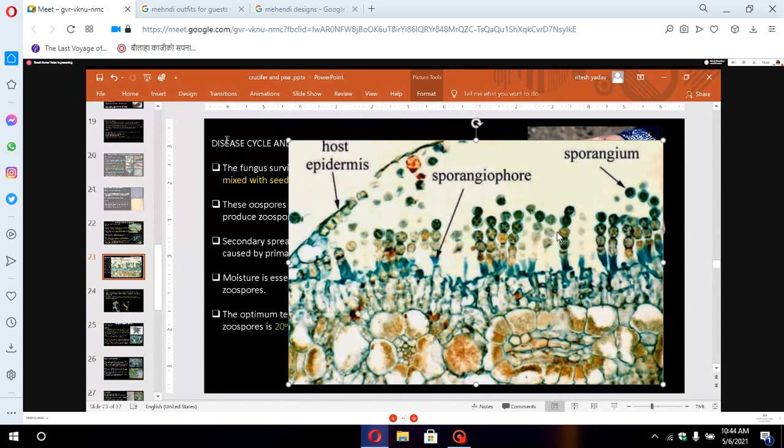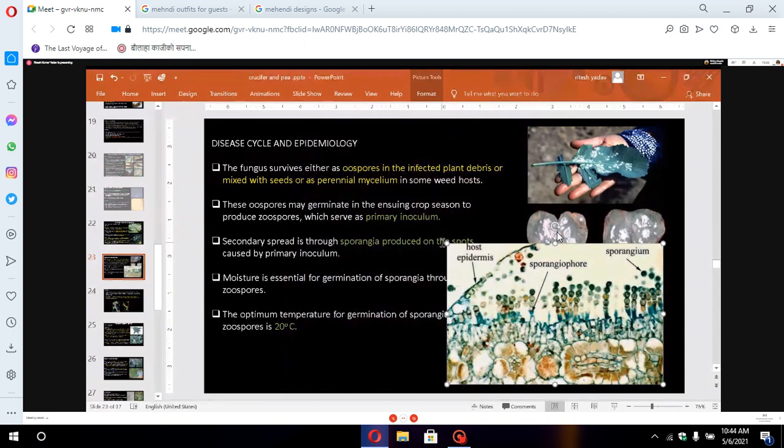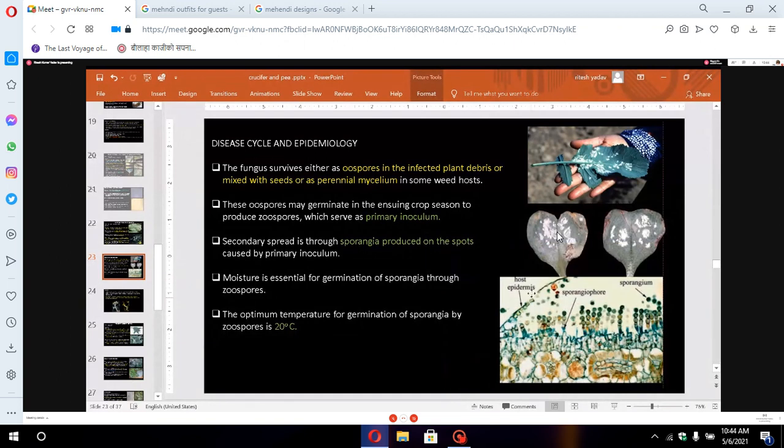This is a club-shaped sporangiophore; refer to your third semester notes. It can survive as oospores, or in the seed as dormant mycelium, and in different cruciferous weed hosts.